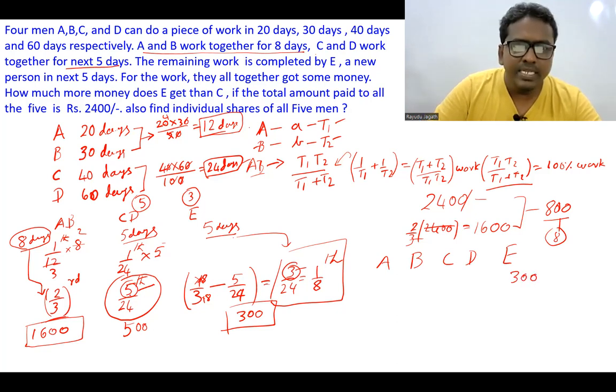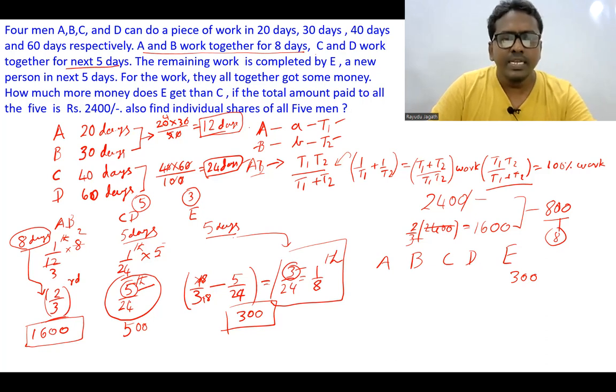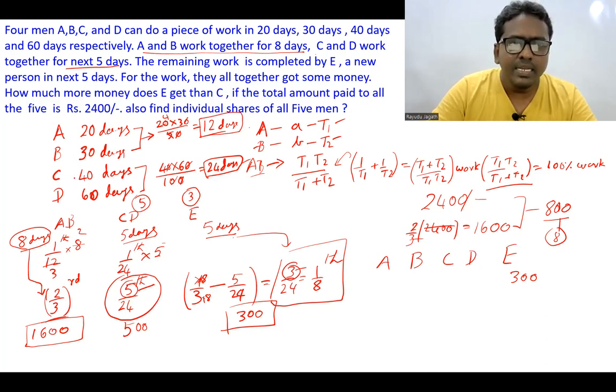What about C and D? C and D together got 500. So what is the share of C and D independently? C completes the work in 40 days. D completes the work in 60 days. That means the time ratio of C and D is 40 by 60, 20 by 30, 2 by 3. So the time ratio is 2:3.